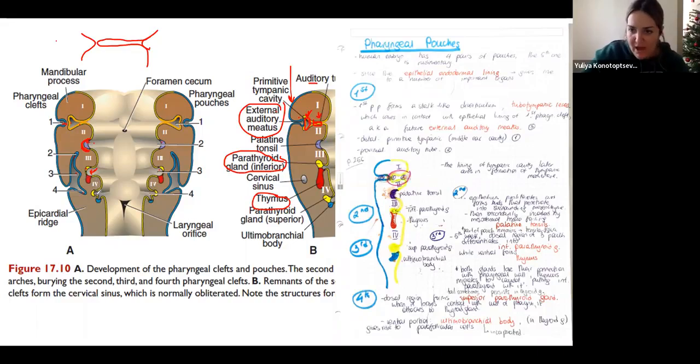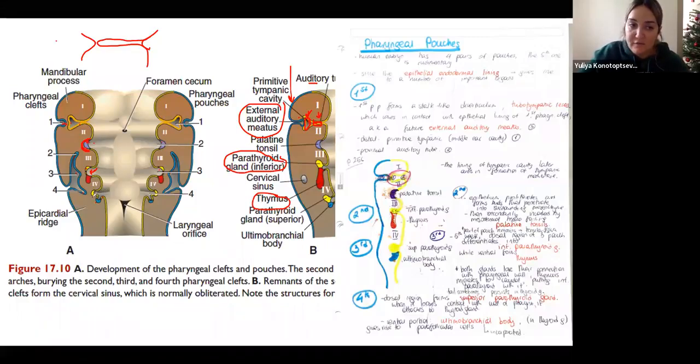The fourth pharyngeal pouch is very special because here we have also the same invasion. I mean, endoderm invades the mesenchyme, but additional cells participate in making a very specific structure, and these cells are neural crest cells.